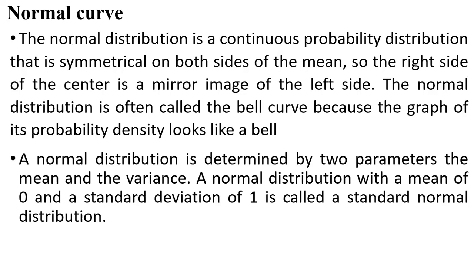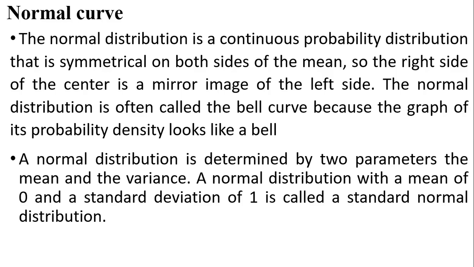Now, the normal curve is a continuous probability distribution that is symmetrical on both sides of the mean, so that the right side of the center mirrors the image of the left side. As you know, the normal distribution is also called the bell curve because the curve of its probability density looks like a bell.